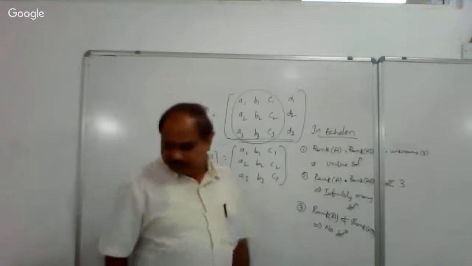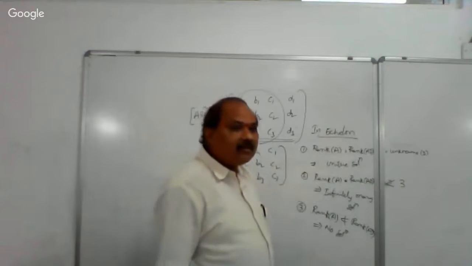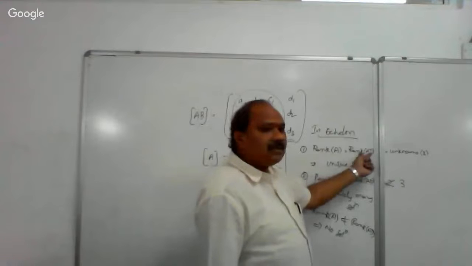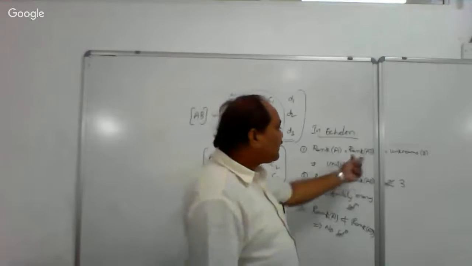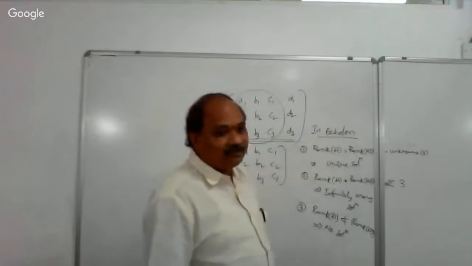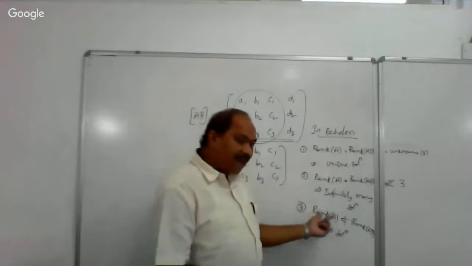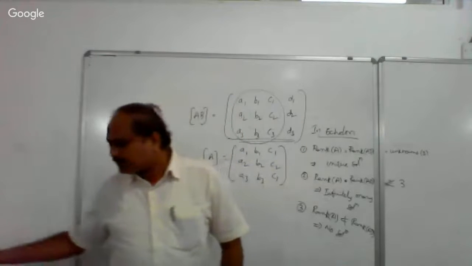You don't need the echelon form for the answer, you need only the augmented matrix. But first of all, we have to convert the augmented matrix into echelon form. We get the rank from the echelon form only.